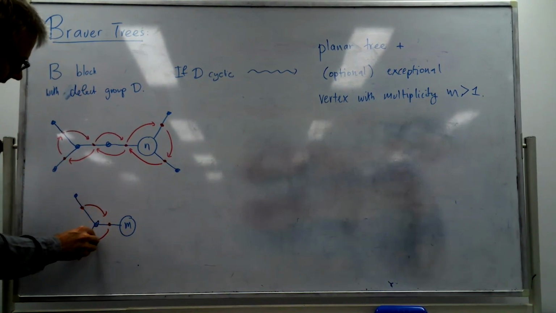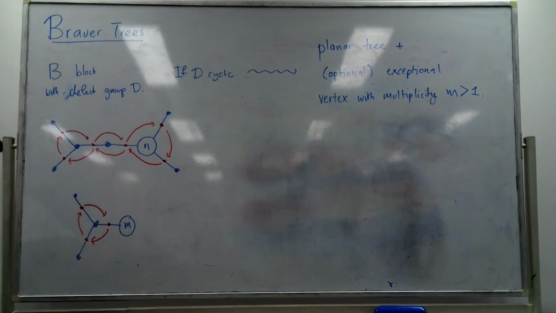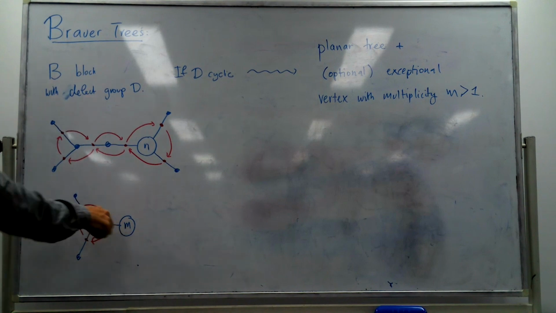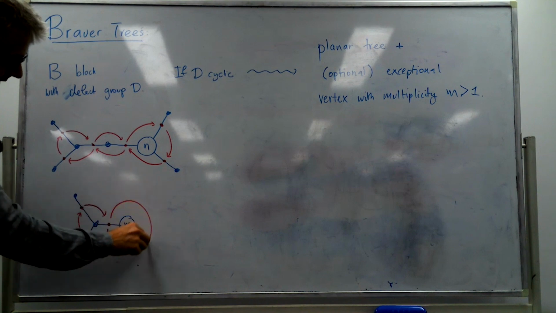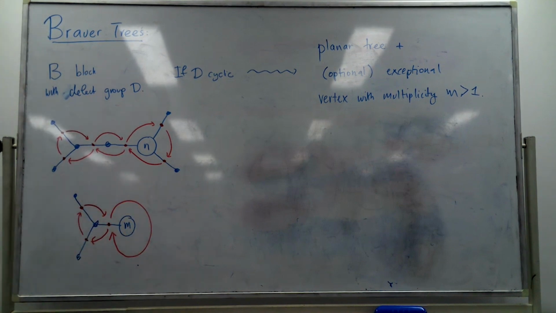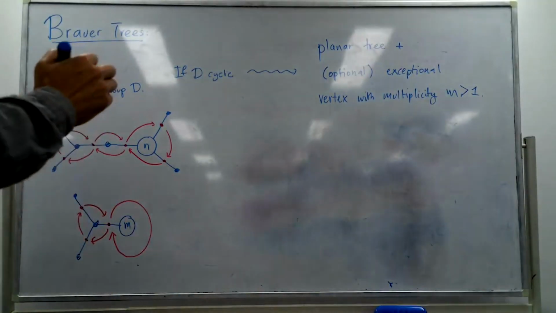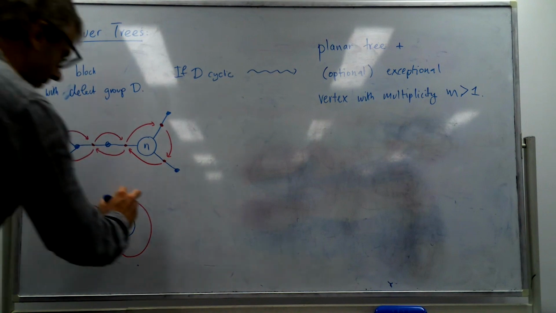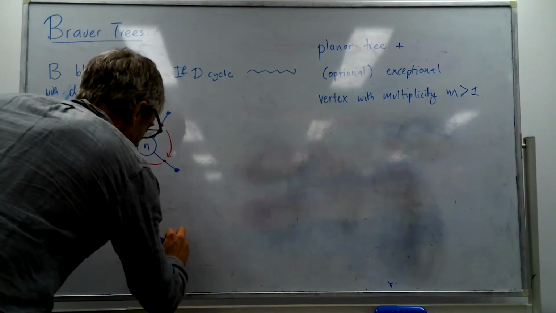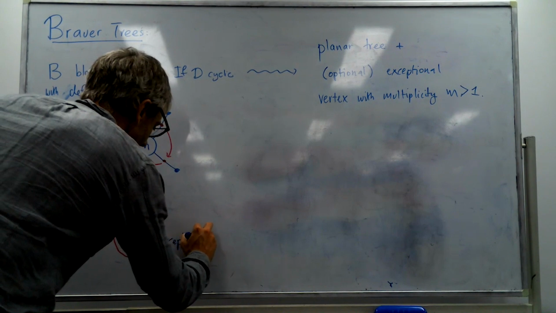The reason that I included this example is because if you have an exceptional vertex which is on the end like this, we also include a loop around the exceptional vertex. This was Alex's question. It seemed like these things could never have loops, and they almost never have loops except when this exceptional vertex occurs on the end. So this is the exceptional vertex.